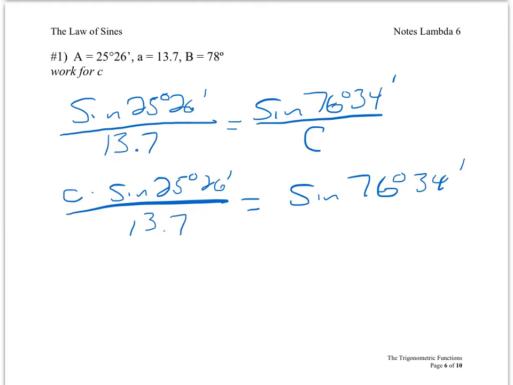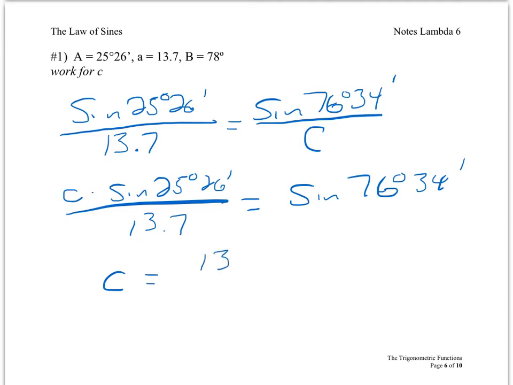So I need to get rid of this times sine of 25 degrees 26 minutes over 13.7. The opposite of multiplying by a fraction is multiplying by its reciprocal. So if I multiply both sides by 13.7 over sine of 25 degrees 26 minutes, on the left, those things cancel.